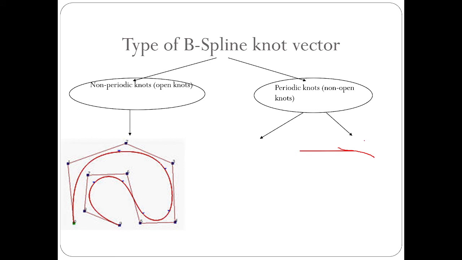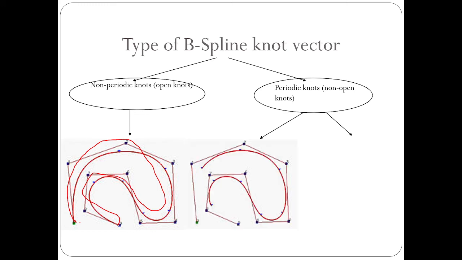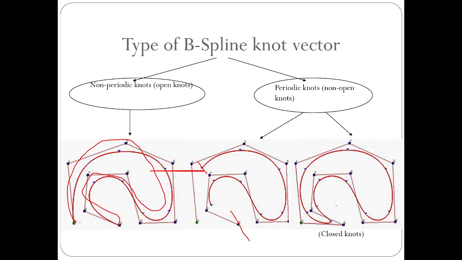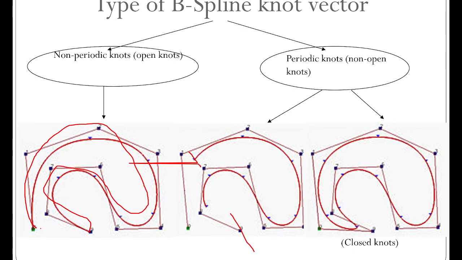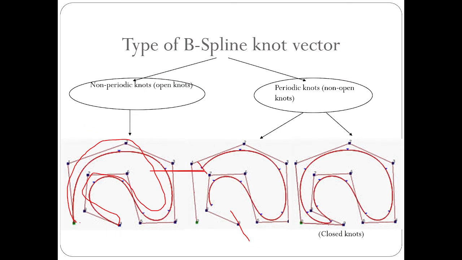These are the non-periodic curves. These are the periodic knots, where there is no distinct start and end. And this is the closed curve, which is completely closed.